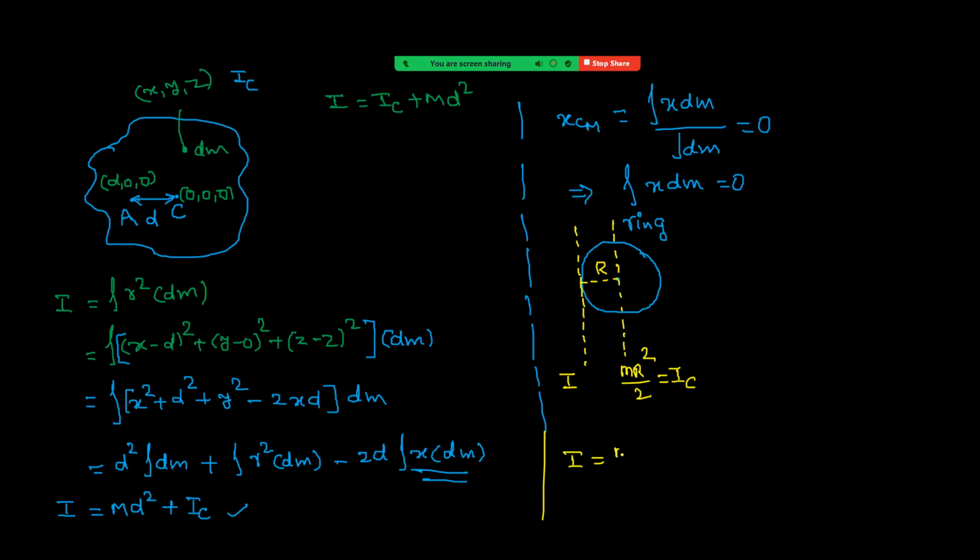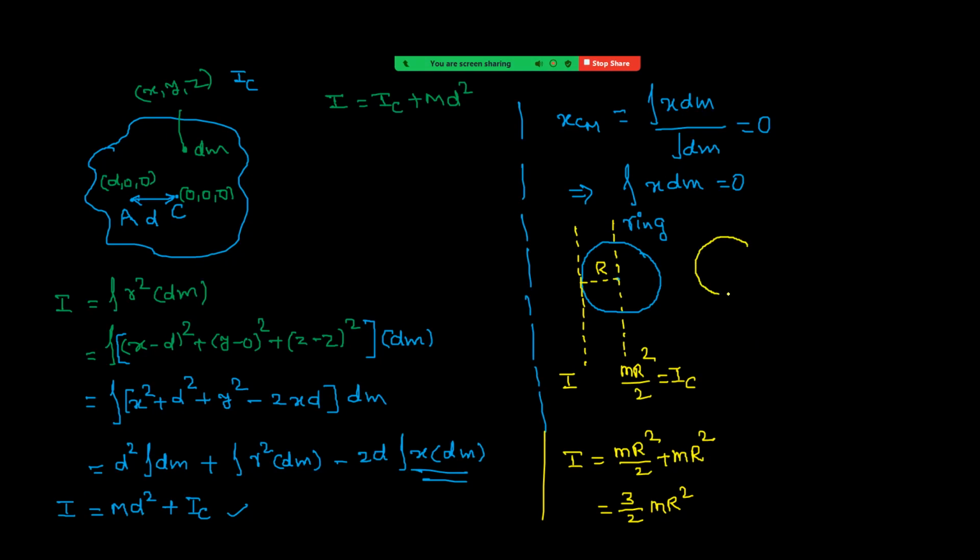So IC value is MR square by 2 plus MD square, that is MR square. So how much is it? 3 by 2 MR square. So for a uniform ring about a tangent in the plane of the ring, I value is 3 by 2 mr square.